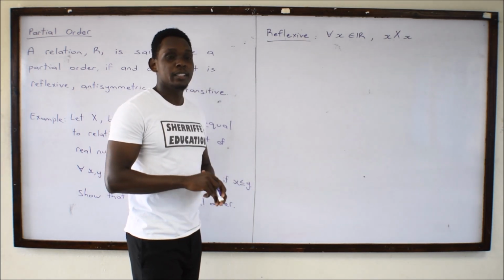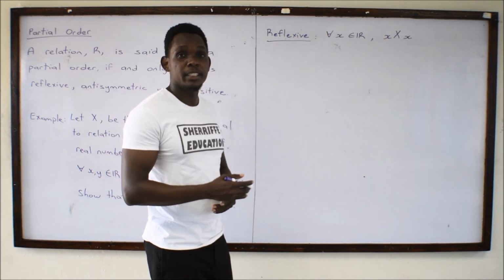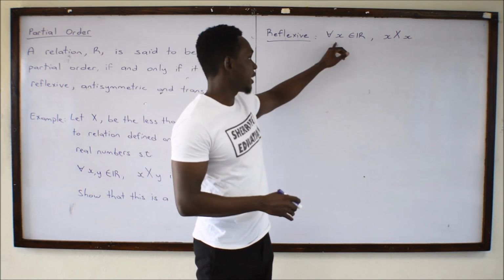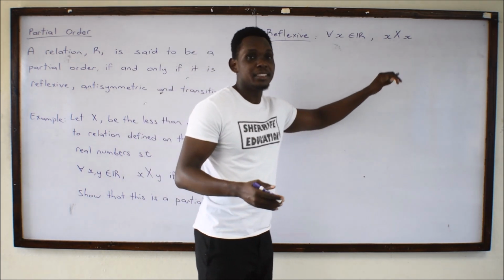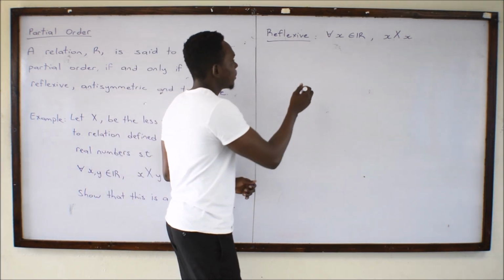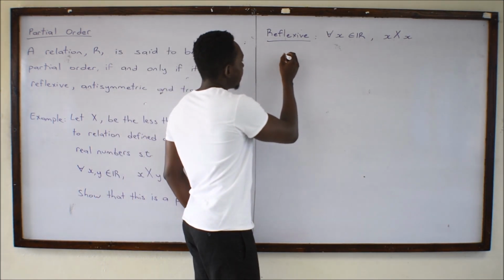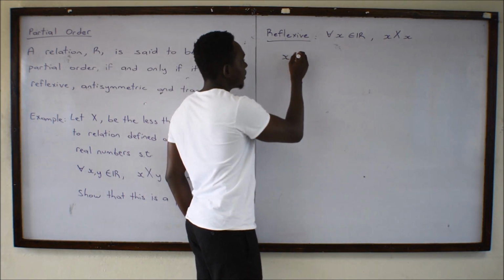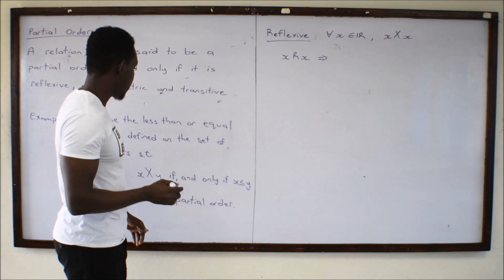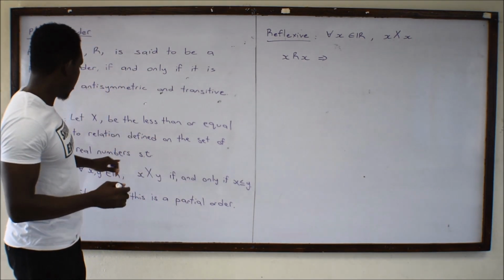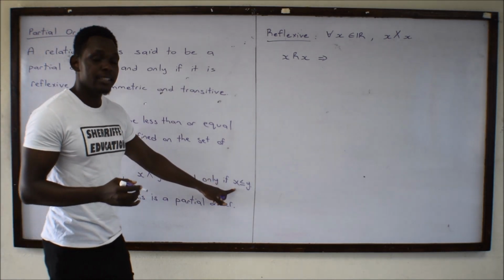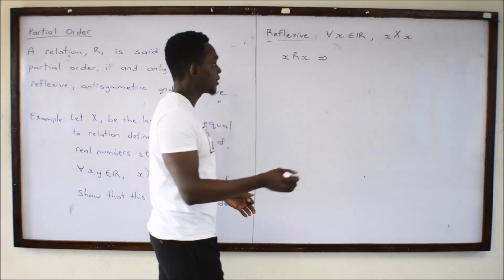Now, the only way that this relation will be reflexive is if for all X in R, X is related to X. Alright, now X being related to X implies that according to the definition of the relation, X is less than or equal to X.